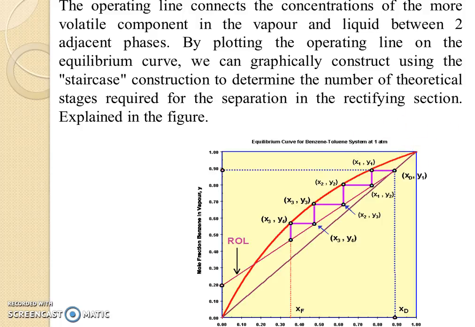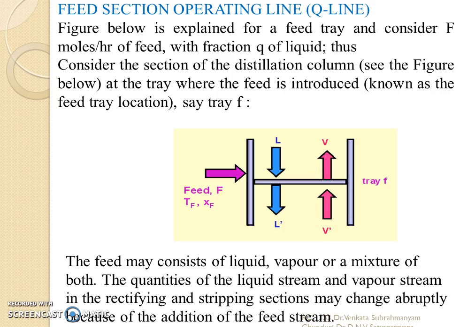You can construct the number of stages by drawing the rectification operating line and the equilibrium line. From this position, draw a horizontal line up to the equilibrium line, then draw a vertical line up to the operating line. Repeat the process until it crosses the feed location.